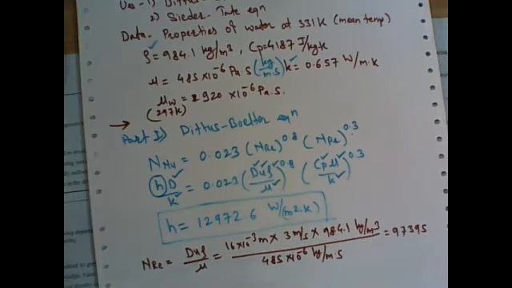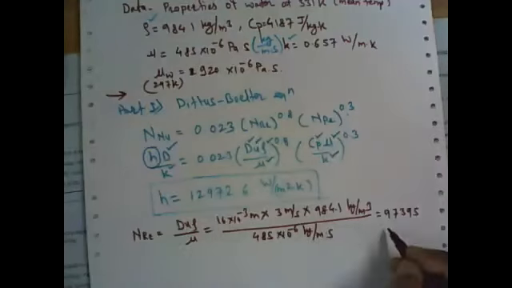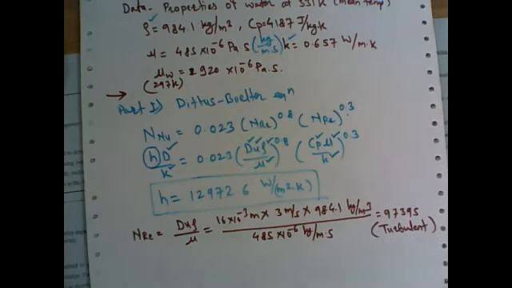Obviously the value of this Reynolds number is more than 10,000, so this is nothing but turbulent flow, right?